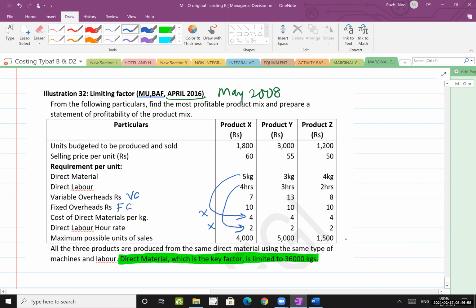Maximum possible units of sales is given. Then material, what they have said, machines and labor.